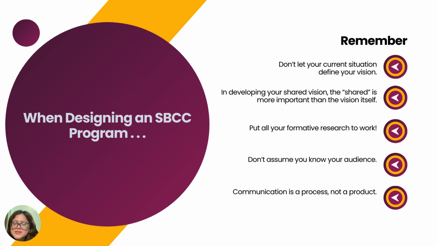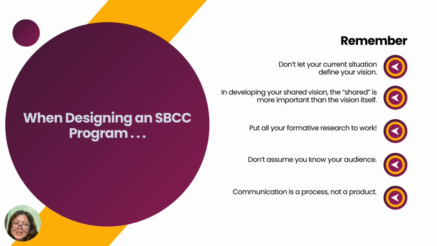Second, when developing your vision, the shared vision is really more important than the vision itself. We really need to prioritize the collaboration over the specific details. For example, focus on involving diverse stakeholders such as community leaders and healthcare professionals in crafting a vision that aligns with everyone's goals and values. Why? Because at the end of the day, when we implement our programs, our communication plan, social mobilization is really a key part.